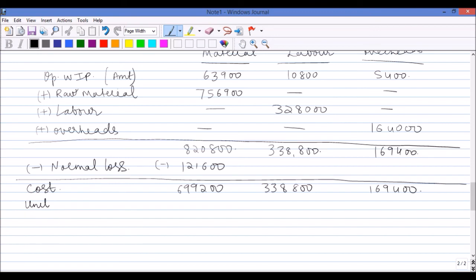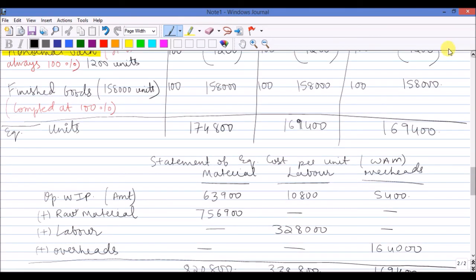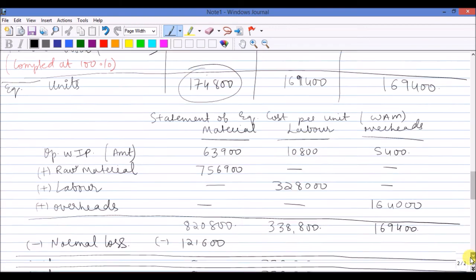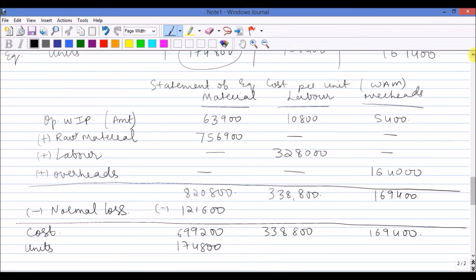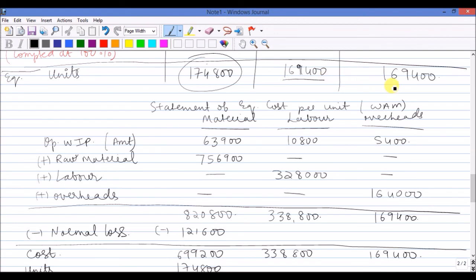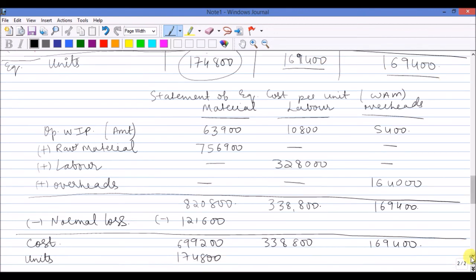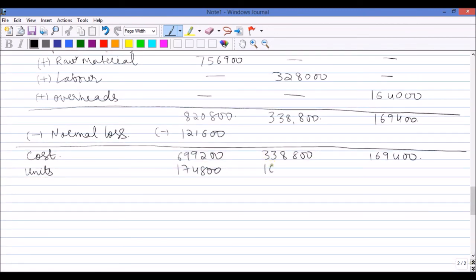Then I have to get the units, and the units are ready. 174,800, so 174,800 units over here. Then 169,400 and 169,400.